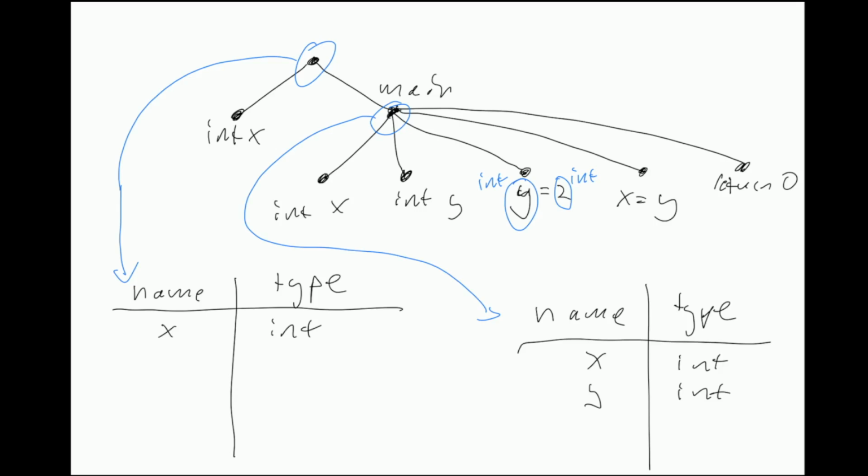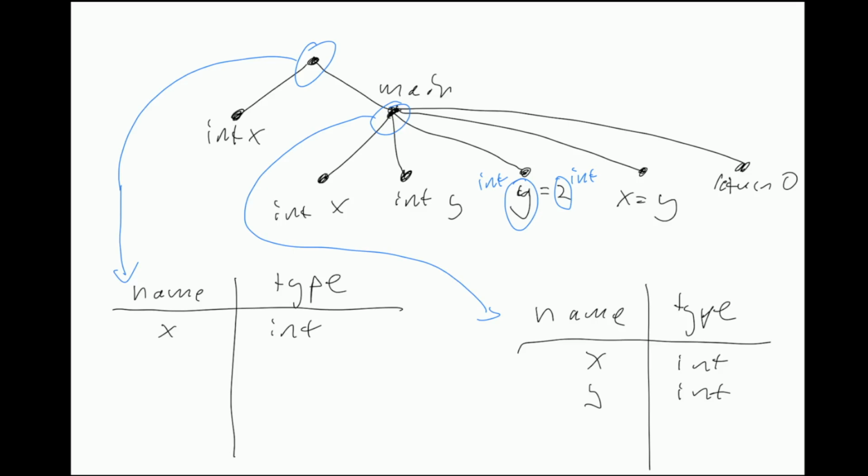And then when we get to the next one here, in C-like languages where we have static scoping and variable hiding, where you can redeclare variables in a nested scope, you get the type of the symbol that's in the closest scope to the point at which you're using that symbol. So because X is declared locally in the same scope as this X, when we do the lookup, we look up in the local symbol table.